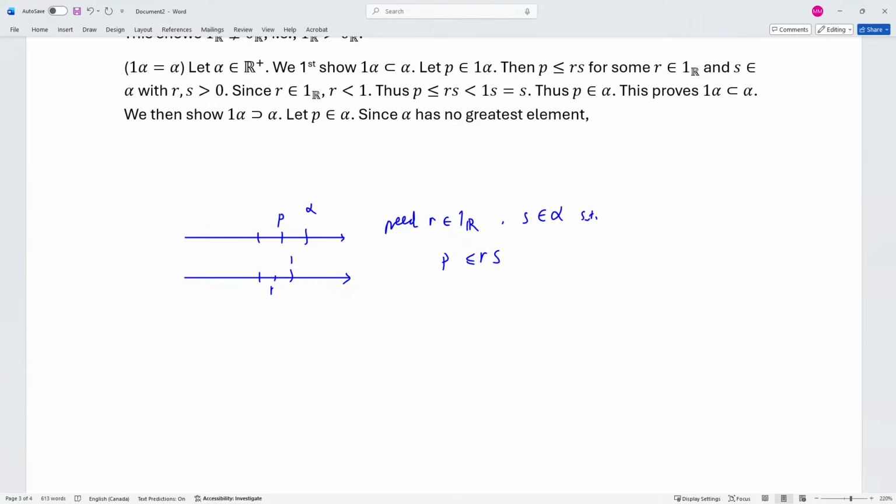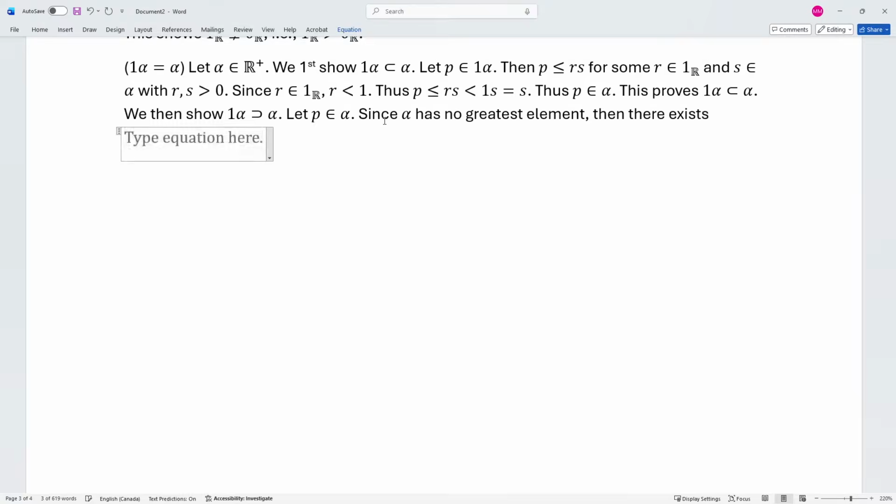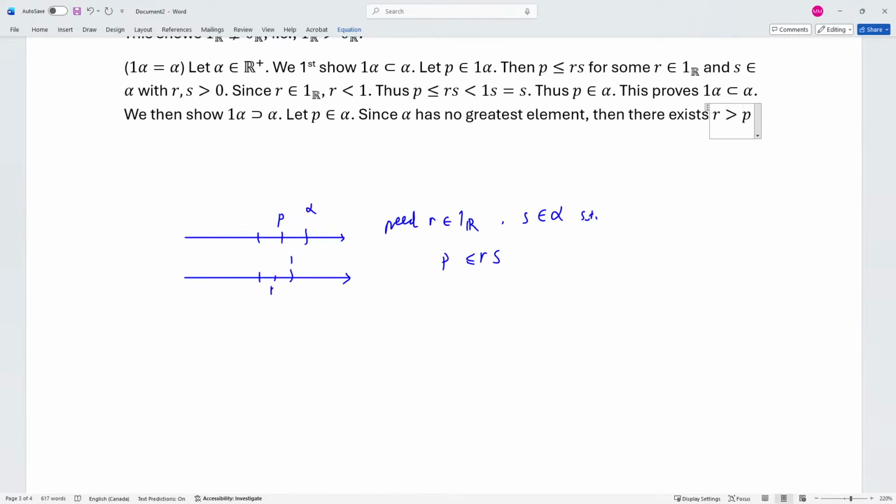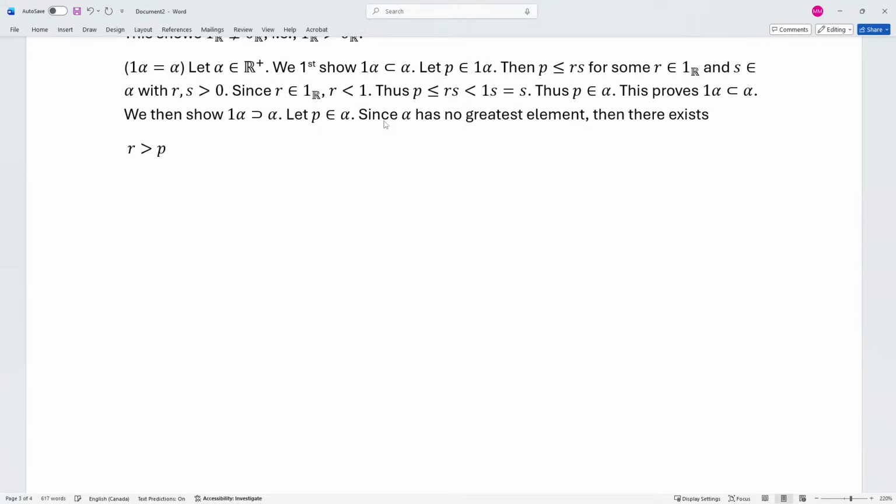If alpha has no greatest element, then there exists R in alpha with R greater than P.